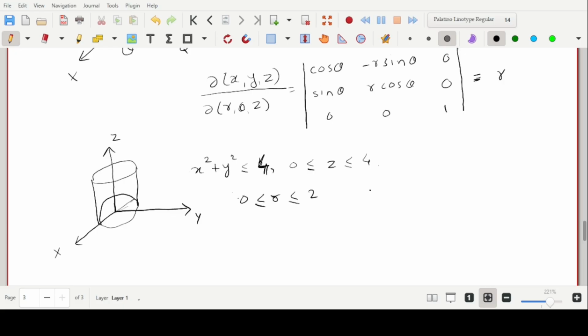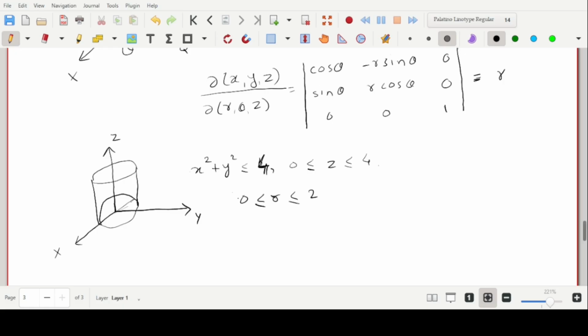If we have a point in this space, and if we drop a perpendicular from the point to the xy plane, then the distance between the point of intersection of that perpendicular with the xy plane and the origin is r.